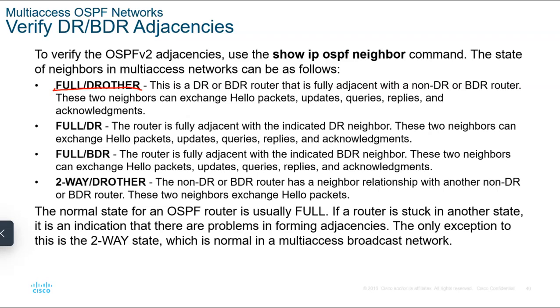So it can be either DR or BDR that it is connected to. There is a DR or BDR router that is fully adjacent with a non-DR or BDR router.